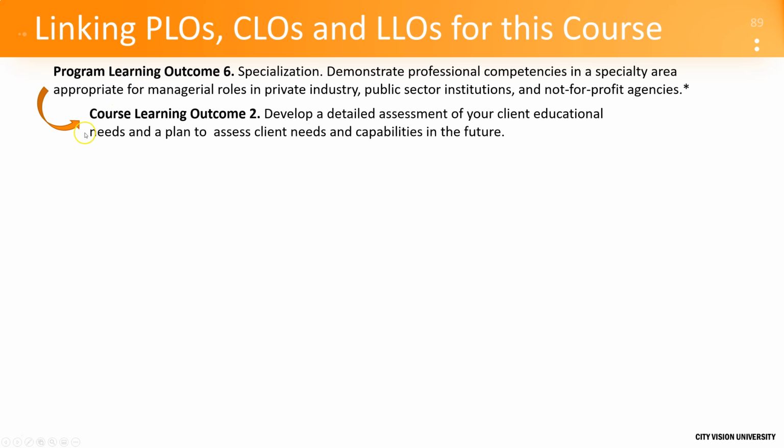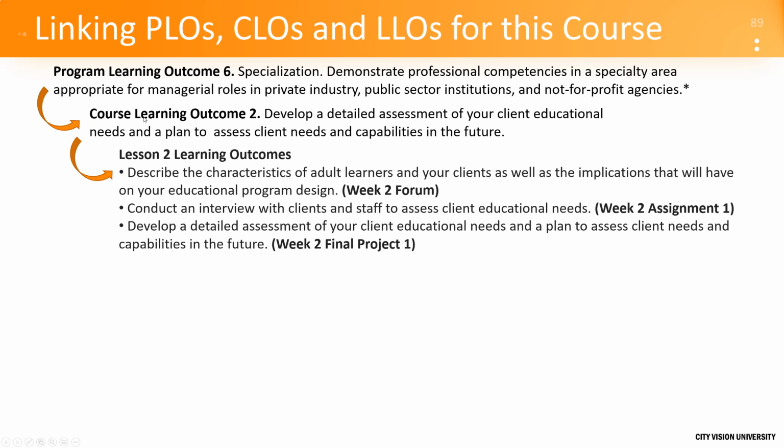And then we have this course. So the course learning outcome number 2 is developing a detailed assessment of your client educational needs and plans and capabilities in the future. So that's what you did in week 2 of this course. And then in lesson 2 of this course, you had the lesson 2 learning outcomes.